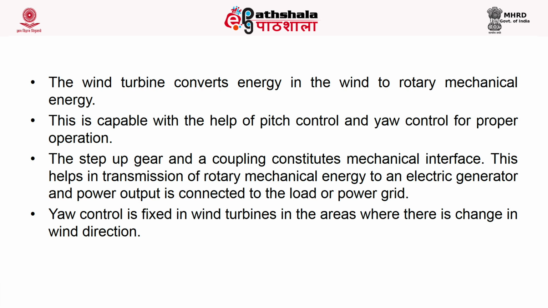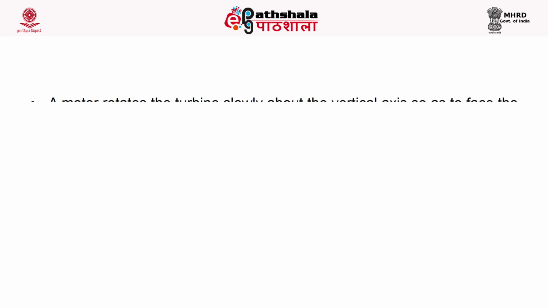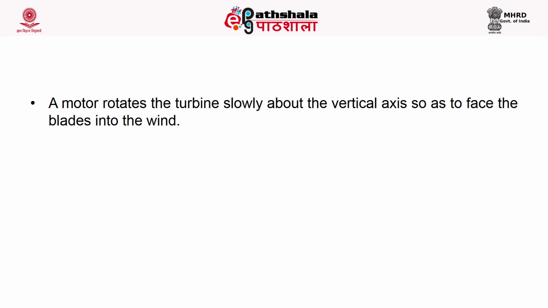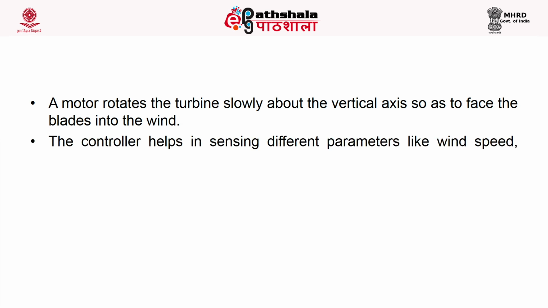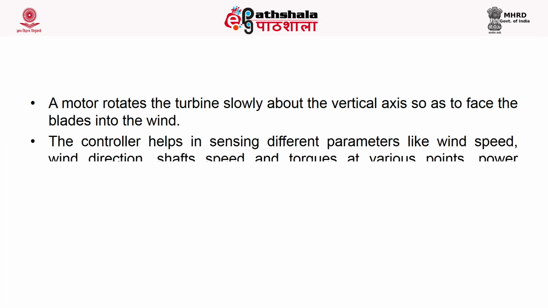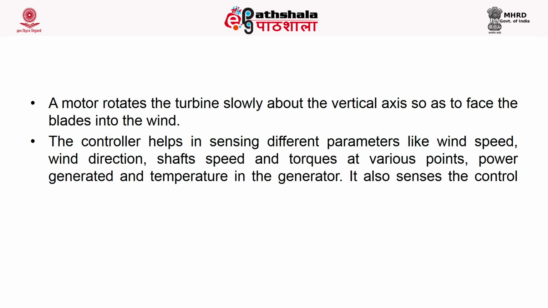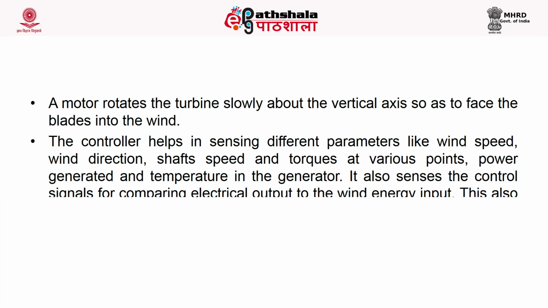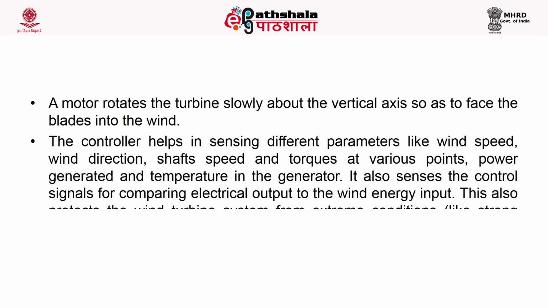The yaw control is fixed in wind turbines in areas where there is a change in wind direction. A motor rotates the turbine slowly about the vertical axis so as to face the blades into the wind. The controller helps in sensing different parameters like wind speed, wind direction, shaft speed and torques at various points, power generated and temperature in the generator.